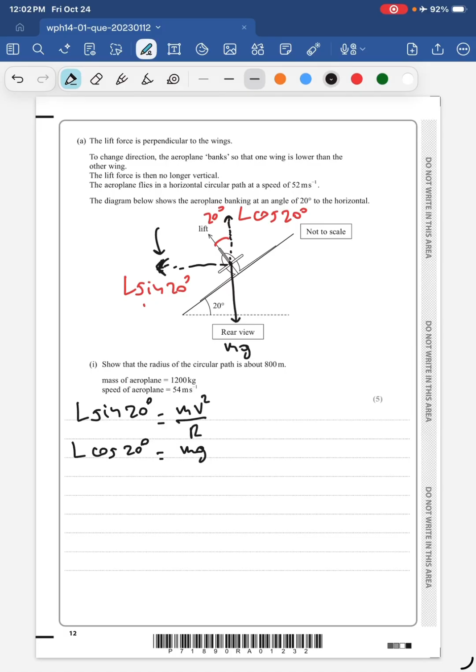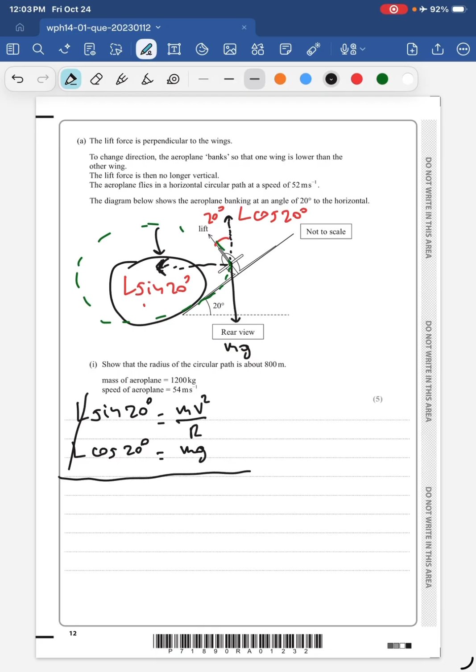That's why we analyze the lift in this fashion, to cancel the weight and to also provide us with this component that plays the role of the centripetal force, so that the plane undergoes a circular motion as follows. The lift is not given, so using this equation we can divide them and get rid of the lift.